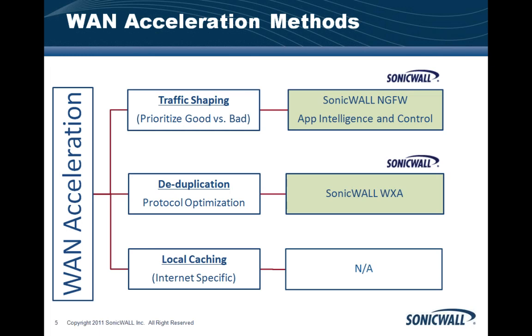Sure. So for this part of it, when I'm referring to the app intelligence control, more of the traffic shaping, what that means is that we can prioritize bandwidth to what I refer to as business critical applications. That could include something that's hosted offsite like Salesforce.com, for example.